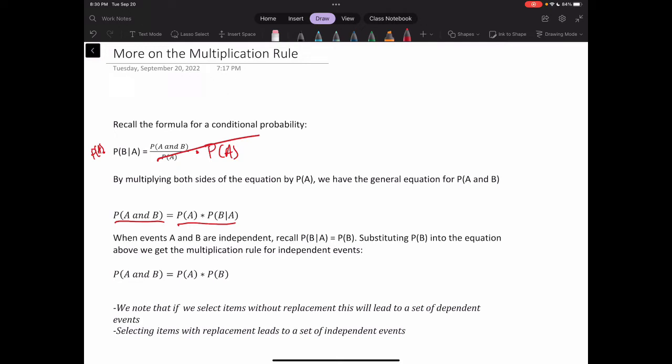Well, you're probably saying, Professor Dixon, that's not the formula that we saw earlier. We saw the probability of A and B is the probability of A times the probability of B. Well, the key point there was that they were independent events, right?